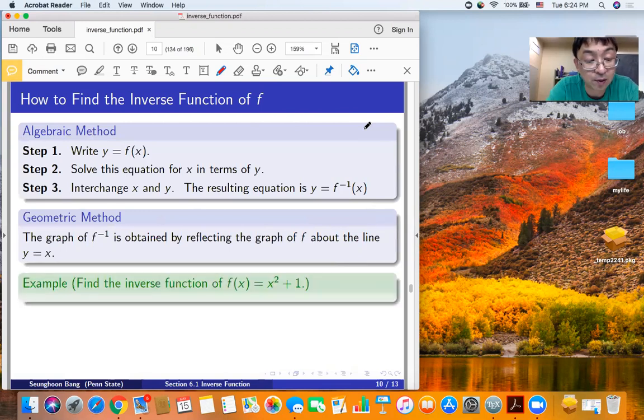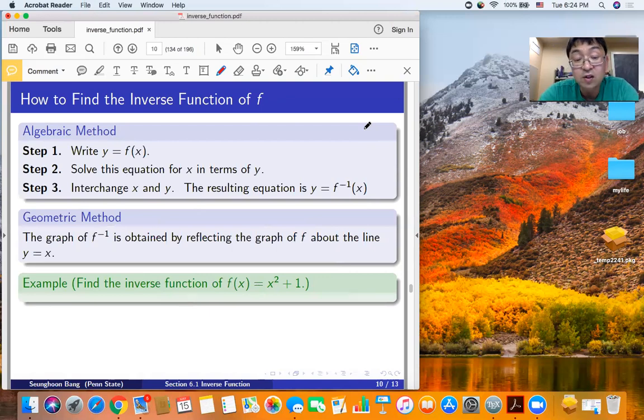Here, this example: find the inverse function of f of x equals x squared plus 1. This equation. So what do you think? Does the inverse function exist or not? Before you find the inverse function, you have to check whether f has an inverse function or not.